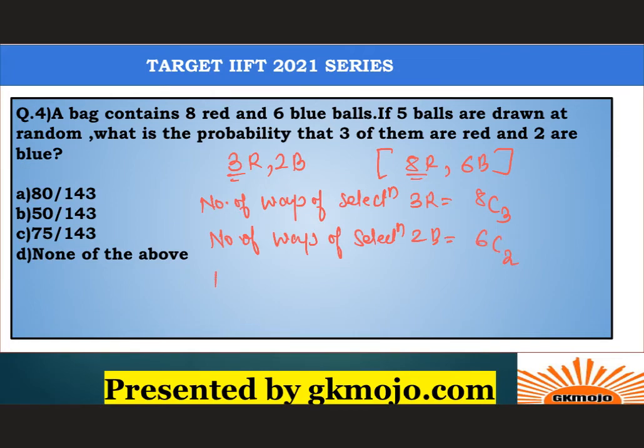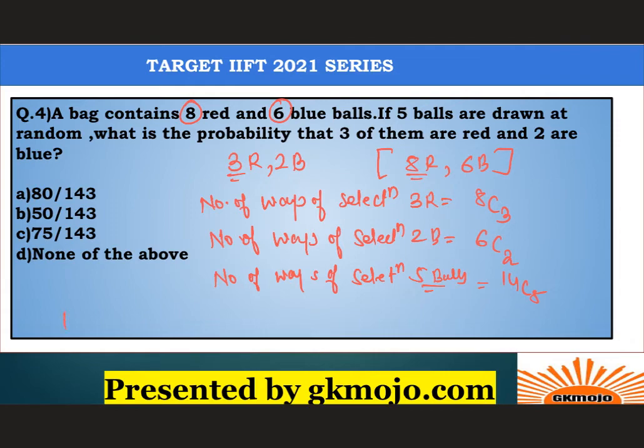And the number of ways of selecting 5 random balls out of these 8 plus 6, 14, will be 14C5, right? Because total 8 plus 6, 14 are there, and this is the number of ways of selecting 5 balls.